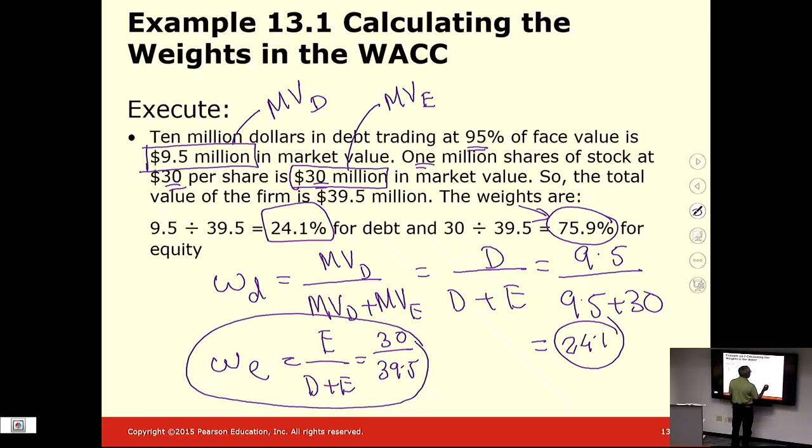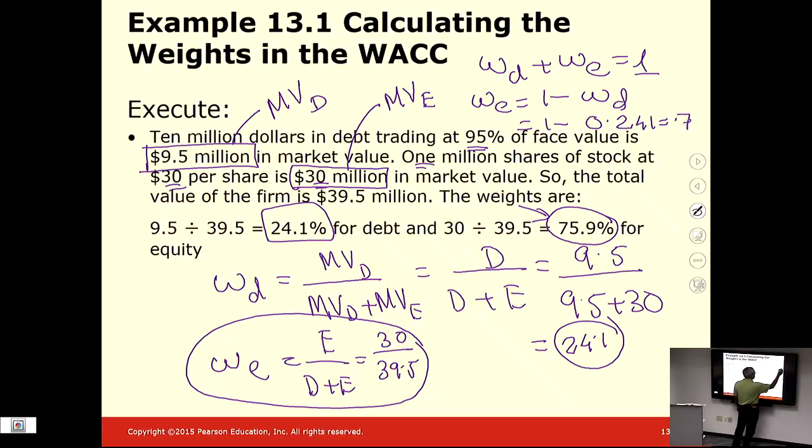There's another simpler way to do it. Since I already have weight of debt calculated, and the weight of debt plus the weight of equity will always equal 1, that means weight of equity will be 1 minus the weight of debt, which is 1 minus 0.241, which is 0.759 or 75.9%. So there are two ways I can get to it.